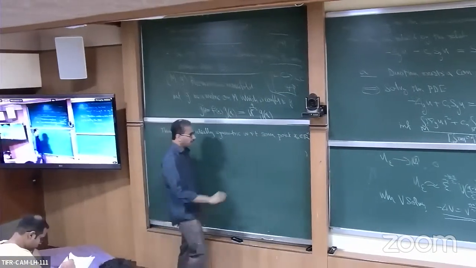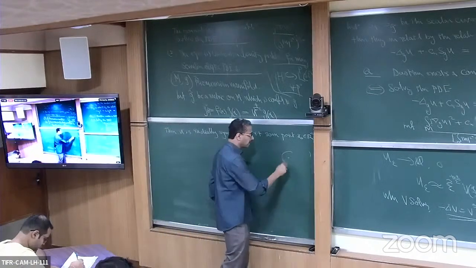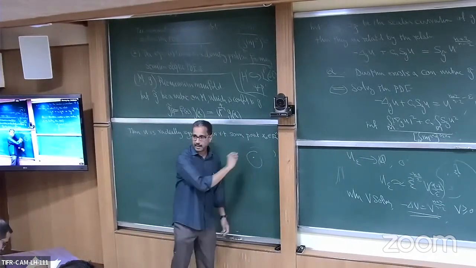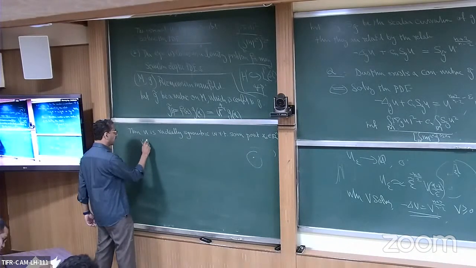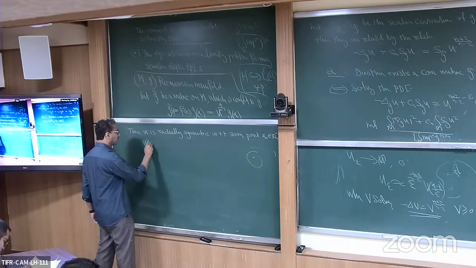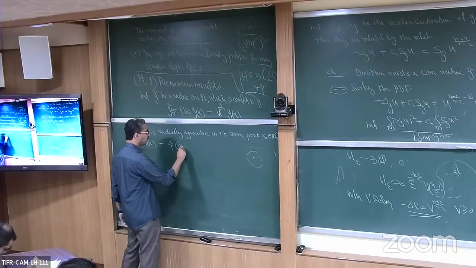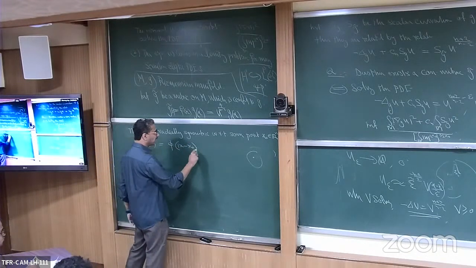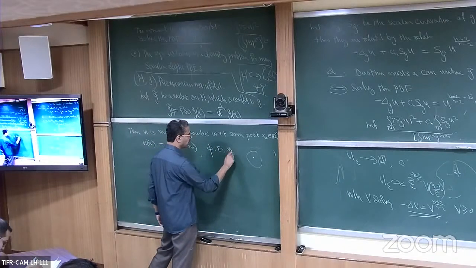What does it mean? I have a point x0 here, and u is going to be constant on all circles around it. In other words, I can write u of x as some phi of modulus of x minus x0, where phi is a function defined from 0 to infinity.